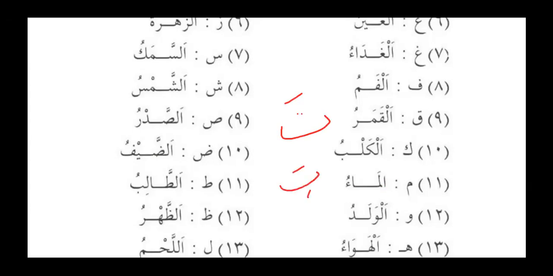Ta. But ra with fatha, ro. Sad with fatha, so. Ta with fatha, to. Can you see that while these are sounding ta, ba, a, these ones are sounding ro, so, to? Do you see?